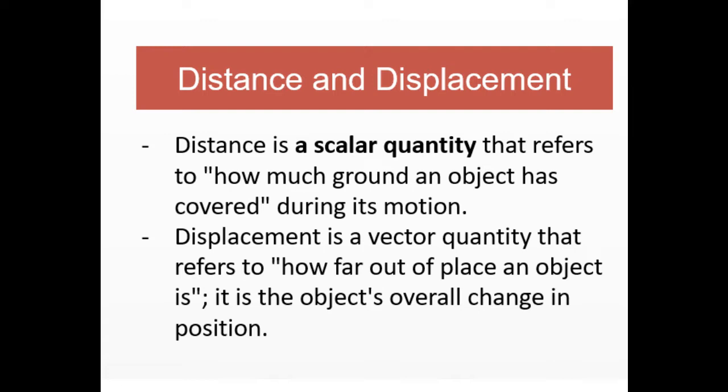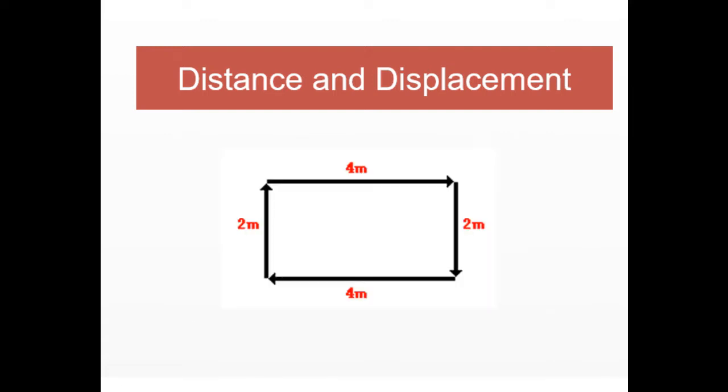So to have a clearer picture of the distinction between distance and displacement, consider the motion depicted in the diagram. A physics teacher walks 4 meters east, then 2 meters south, then 4 meters west, and finally 2 meters north.